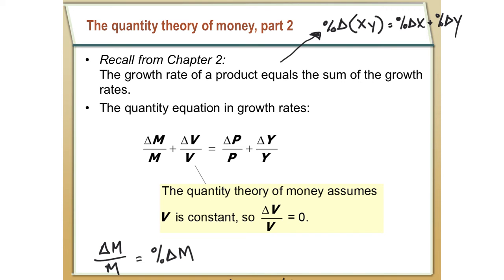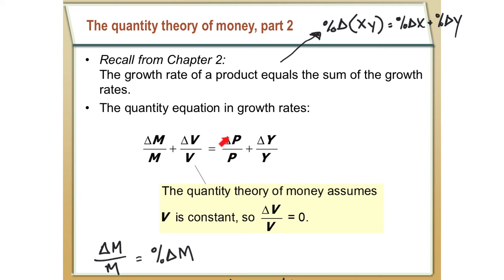And so, again, remember the quantity theory assumes that velocity is constant. So if velocity is constant, then the percent change in velocity is going to be 0. So this term right here, this ΔV over V, is just going to go away. It's equal to 0. So just some intuitive interpretations of these terms here. Remember, the percent change in the price level is what we call inflation.